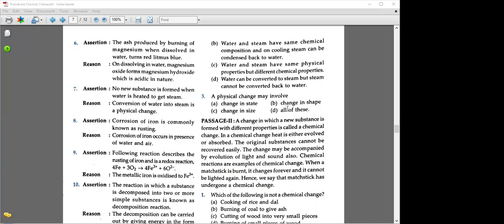Ma'am, when it is dissolved in water, it turns red litmus blue. So I think both are correct and the reason is the explanation of the assertion. Okay.